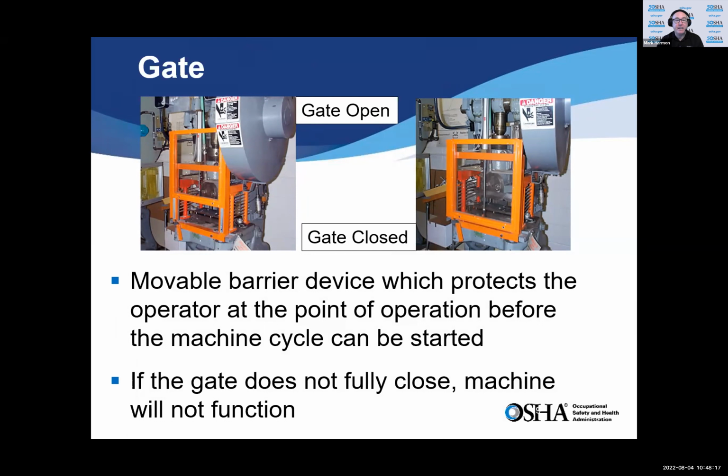That's an A gate, the one on the left. A B gate has the same concept, but if this gate does not fully close, the machine will not function. So again, good examples of safeguarding with barriers. And if they're used properly, they work very well.